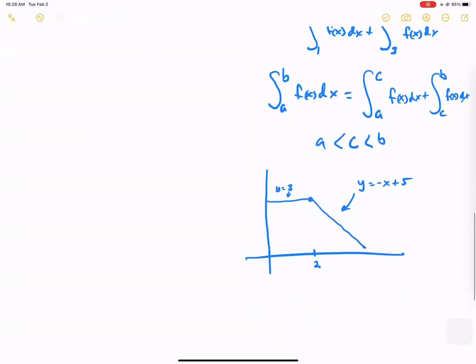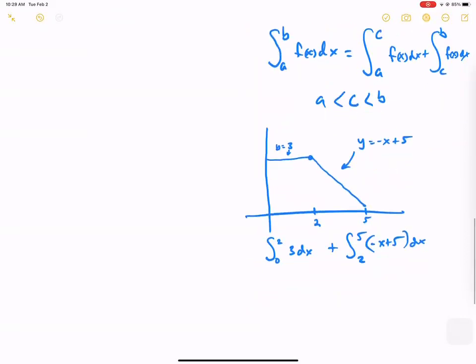How can I find the area underneath the curve? This could be two different integrals. The first is from 0 to 2, which is the function 3. My second integral is from 2 to 5. So this full integral is just a sum of two separate integrals.